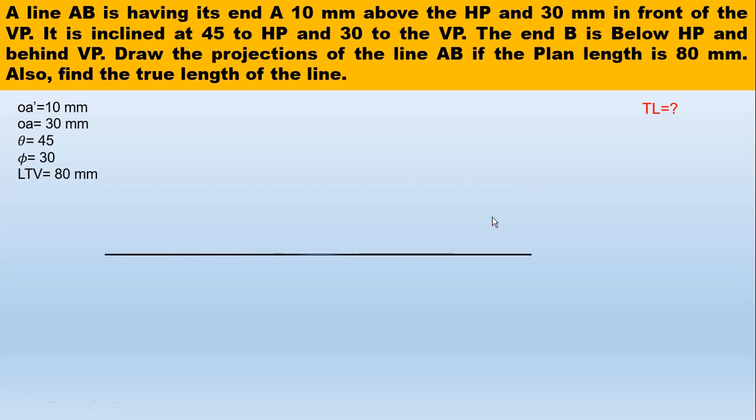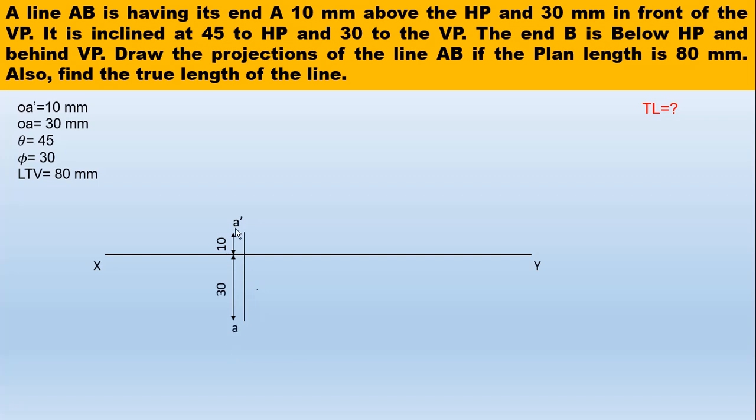Let's take first the reference plane XY. So this is our reference plane XY. First task is to locate the point A. Point A is 10 mm above HP and 30 mm in front of VP. Let's locate the point A. So point A is 10 mm above HP, and 30 mm in front of VP.